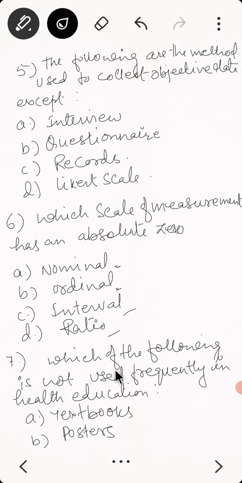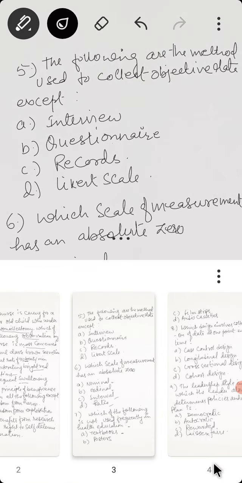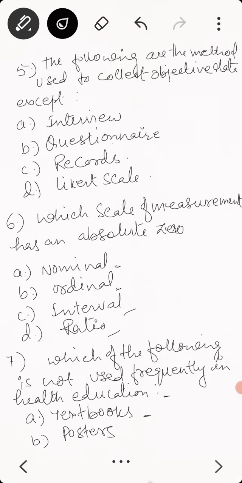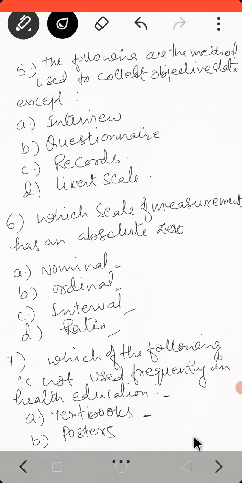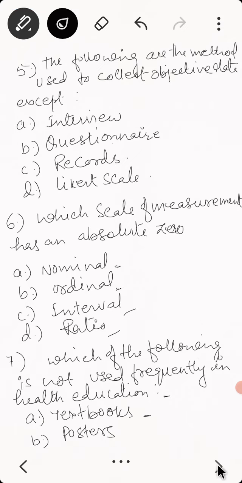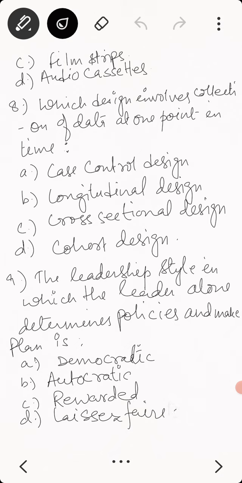Next question, which of the following is not used frequently in health education? Means which of the methods is not used frequently in health education? So your options for this are textbook, poster, film strip, audio cassettes.